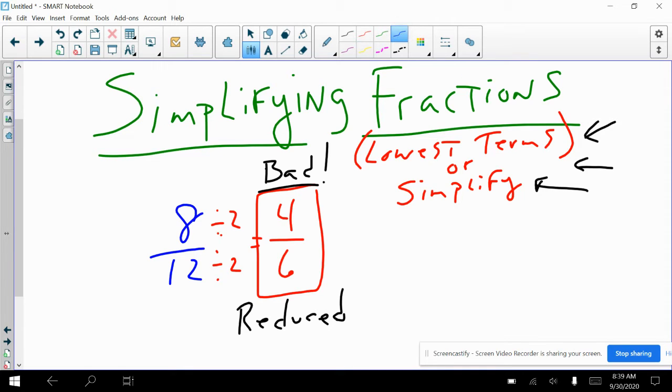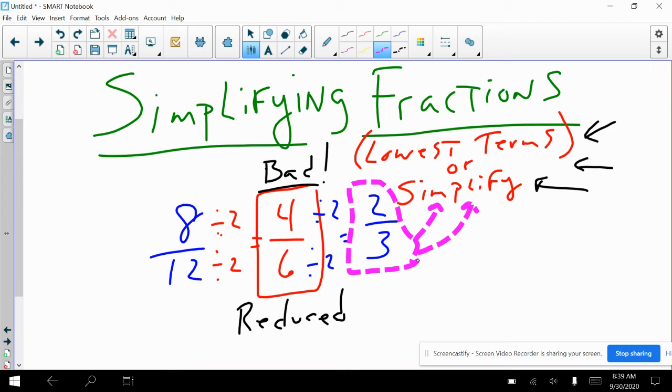If we continue dividing by 2, we finally arrive at the answer we want in simplest form, which is 2/3.